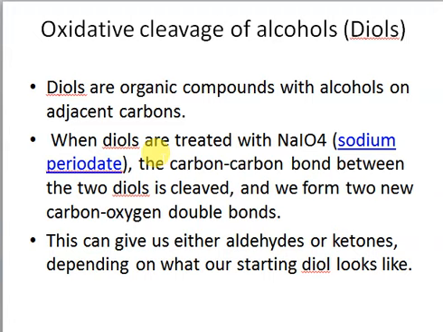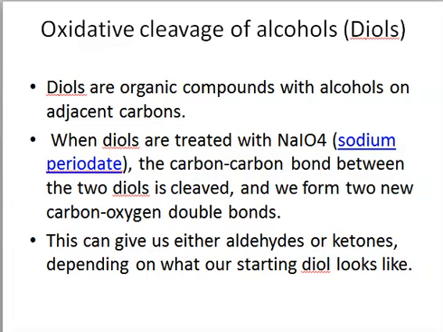As a result of this cleavage, we get two aldehydes, or two ketones, or one aldehyde and one ketone. What we get depends on what our diol looks like. The nature of the product, whether we get two aldehydes, two ketones, or one aldehyde and one ketone, depends on the structure of our reactant diol.